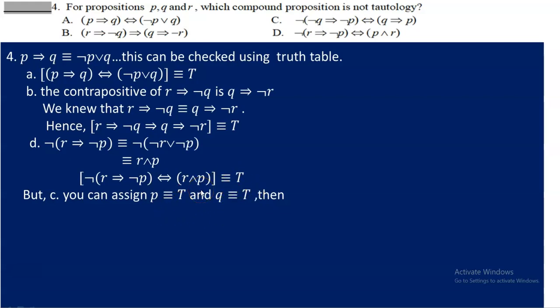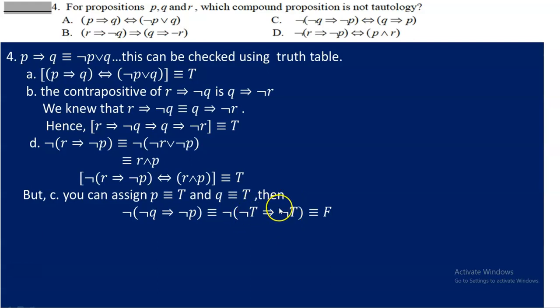With P true and Q true, the negation of Q implies negation P, the one on the left side, is the negation of T implies negation of T, which is false implies false.